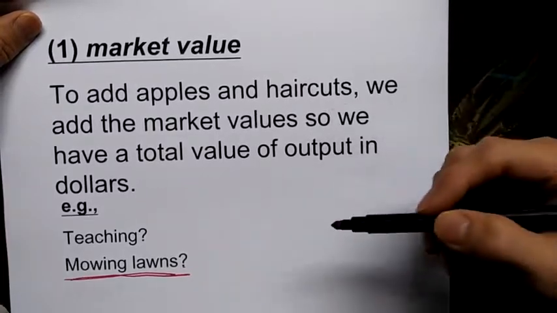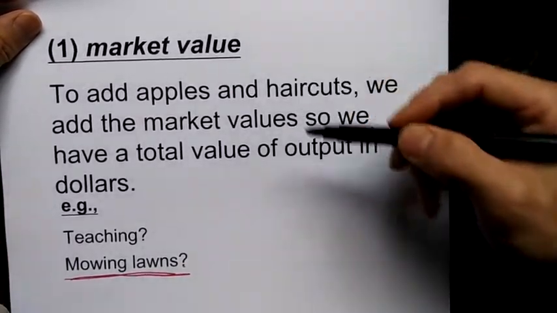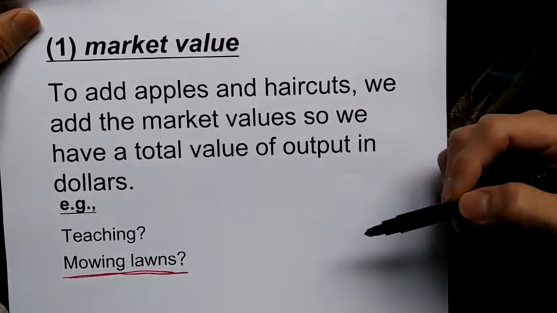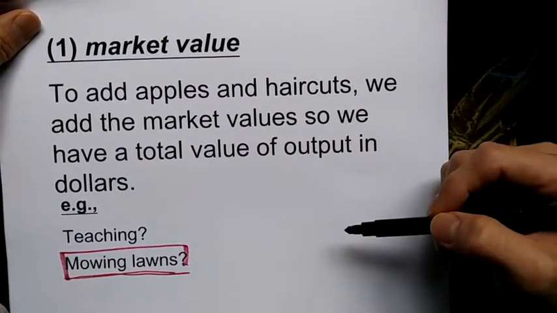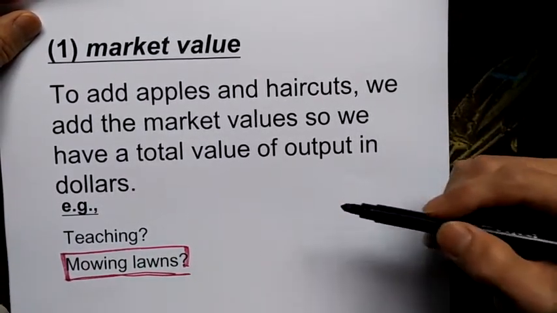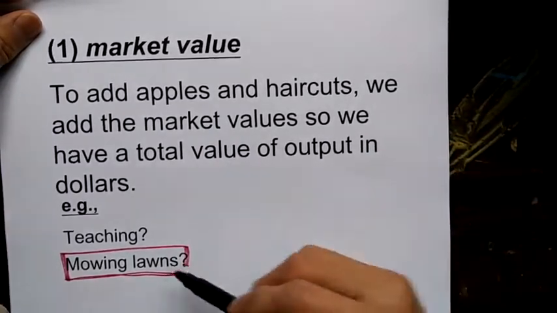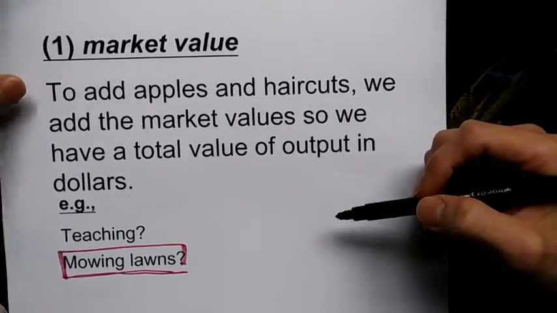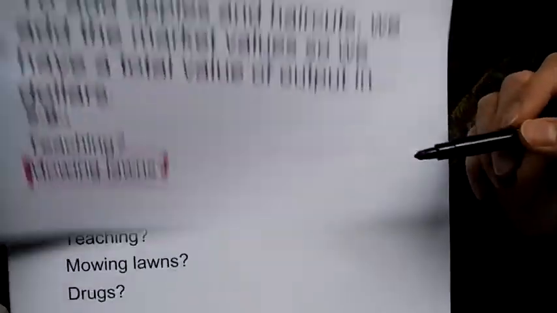The answer is yes, because he's supposed to report what I pay him when he's filing the tax. Therefore, John mowing lawns for me is included in the calculation of GDP, but me mowing my lawn by myself is not included. So market is very important.